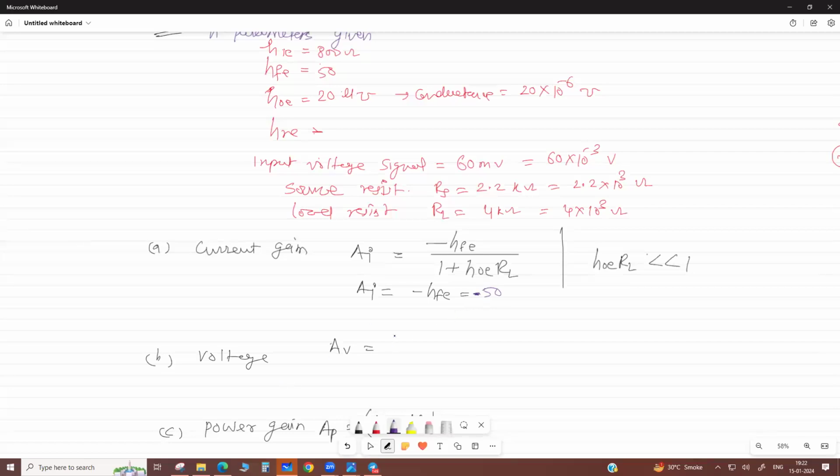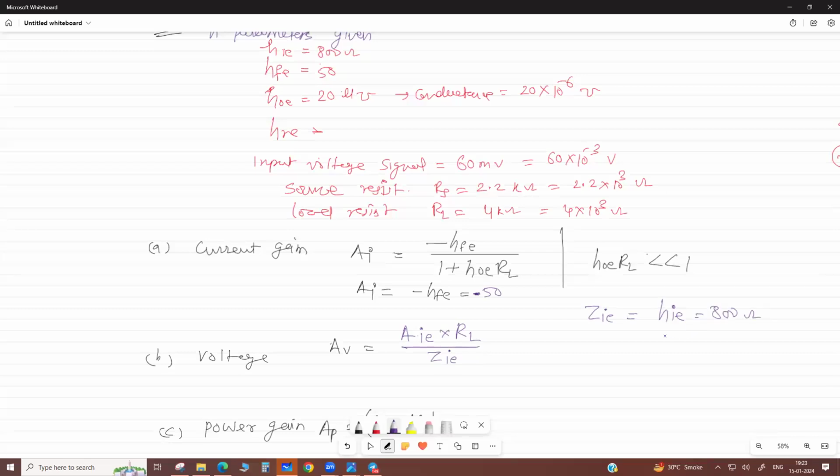Now the voltage gain, in terms of current gain, is AI into RL by Zi. What is Zi? It is HIE only, 800 ohm, which is given.